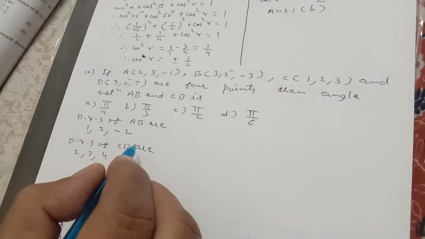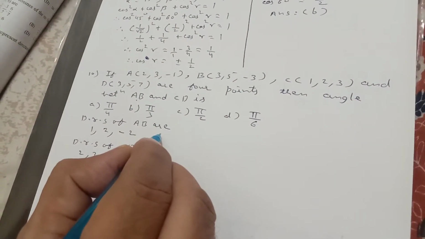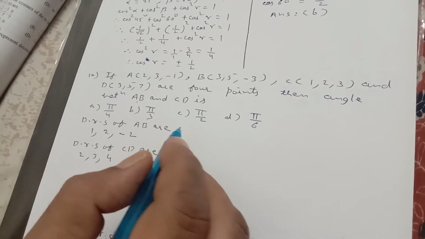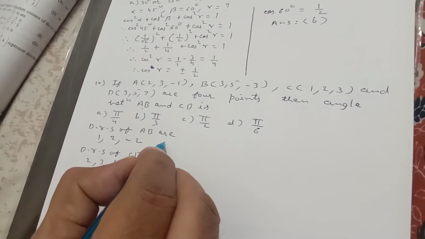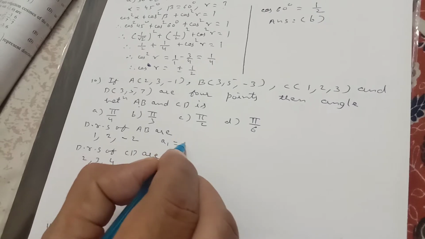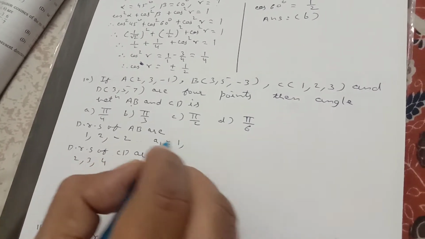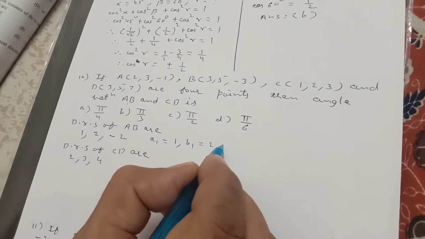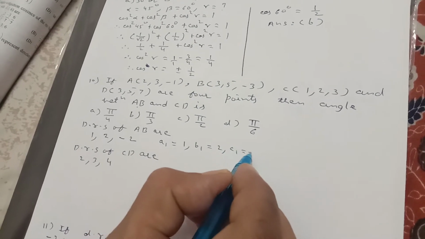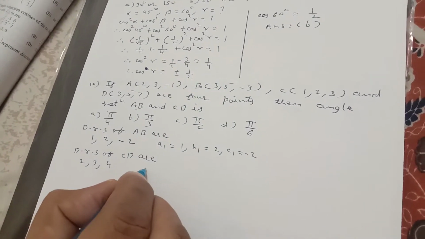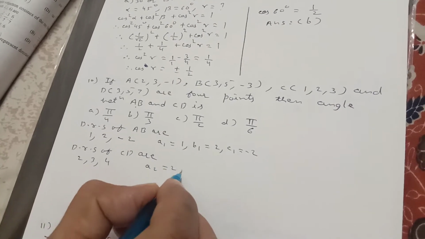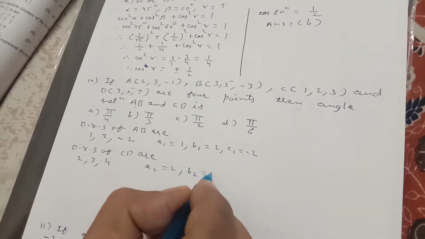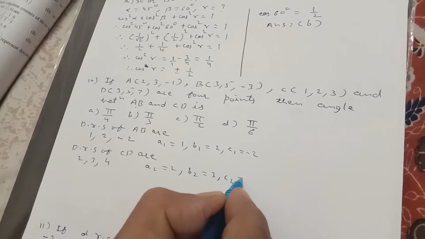So direction ratios are known to us, and we have to find the angle between AB and CD. So let us denote. For AB, direction ratios A1, B1, C1. For CD, direction ratios A2, B2, C2.